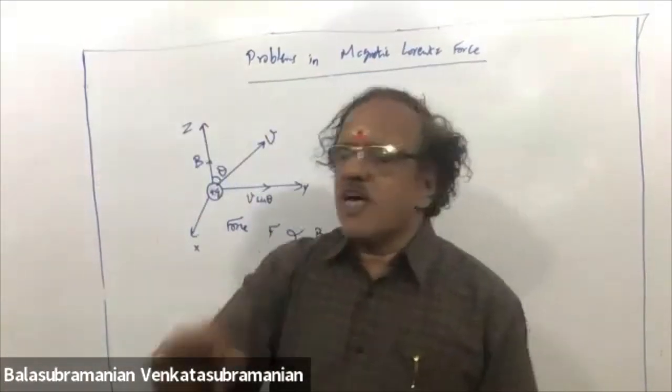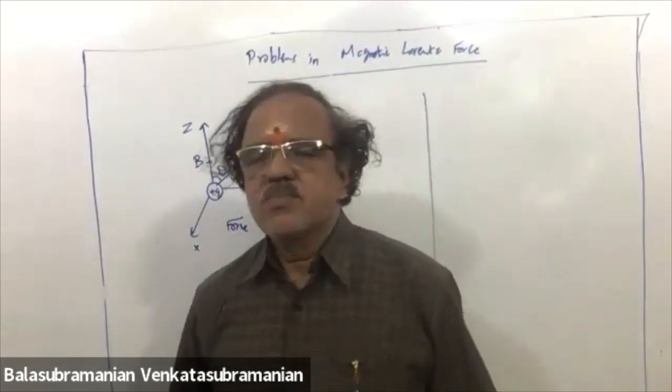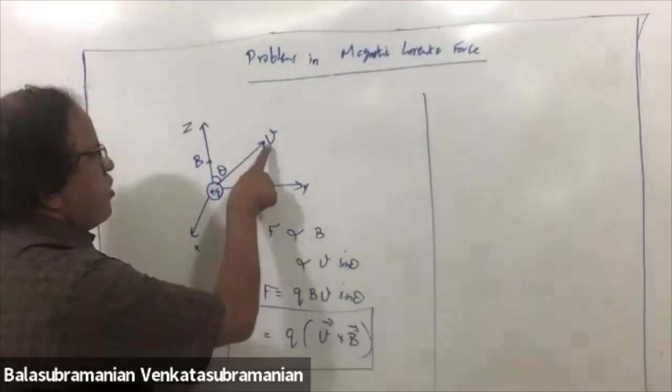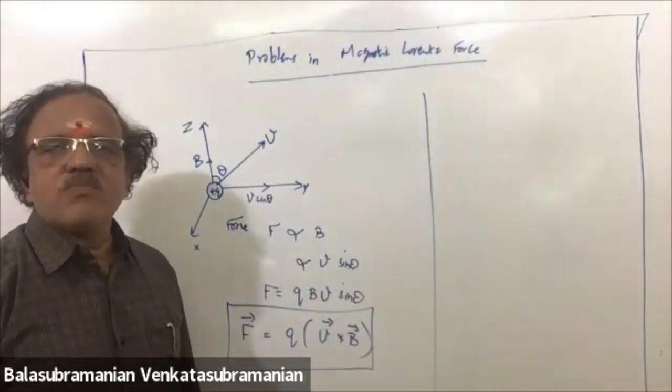Suppose you are taking minus q charge, it is inwards. If you are taking theta as 90, the particle is moving in this direction, theta is 90.